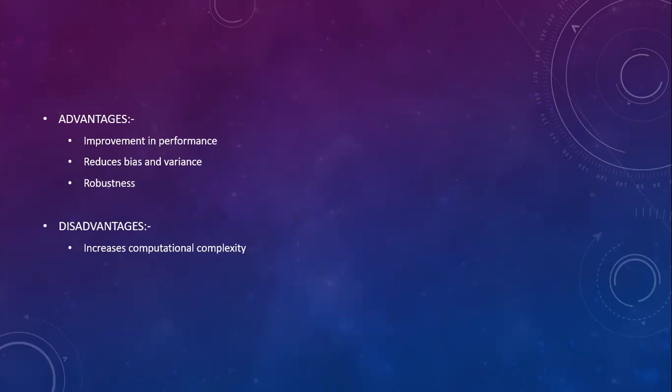We always try to get a low bias and low variance model, but when we create individual models, we end up with a model which is low bias but high variance. So when we use ensemble learning, it helps create a balanced, better optimized model with low bias and low variance. Then robustness.